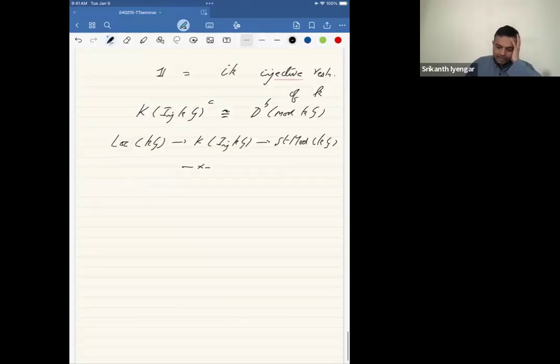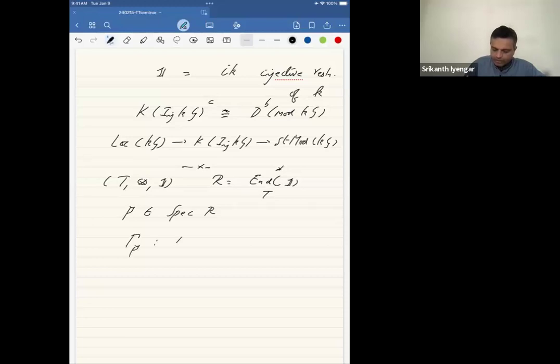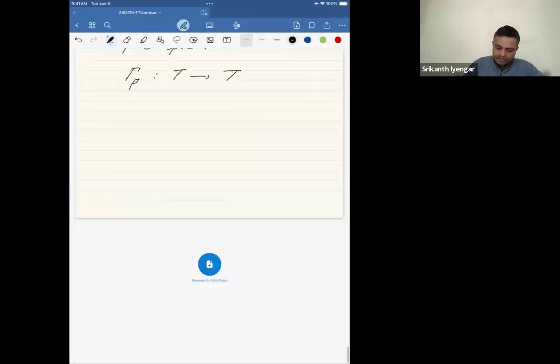So recall that we have T in 1, and then I said R would be the endomorphism of 1. And just like in the case of a derived category, if you look at any prime in the homogeneous spectrum of R, there are these local cohomology functors that go from T to T, and they have similar properties.